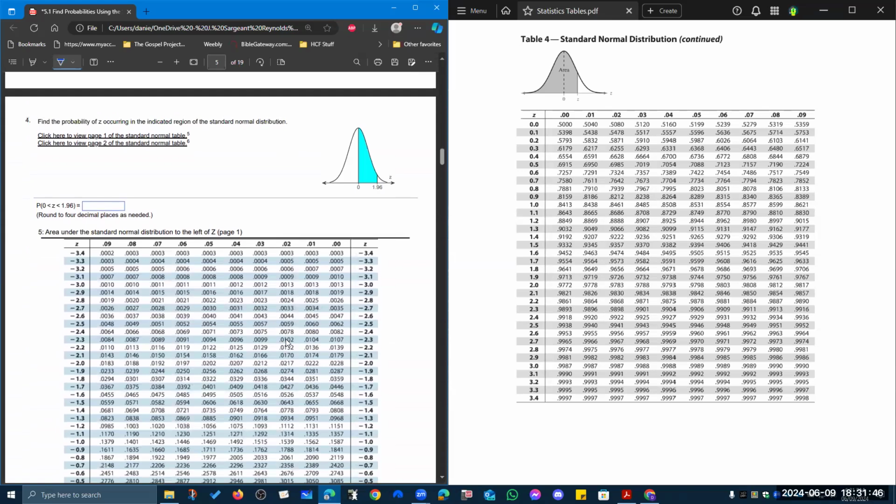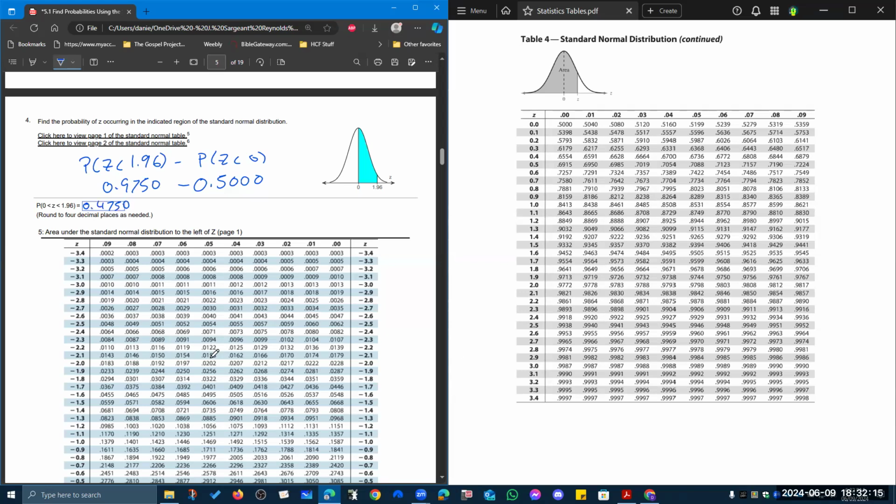Now we want the probability that Z is less than 1.96 minus the probability that Z is less than 0. We know this is 50%. So for 1.96, it's 0.9750, and I can do this one in my head without stacking.